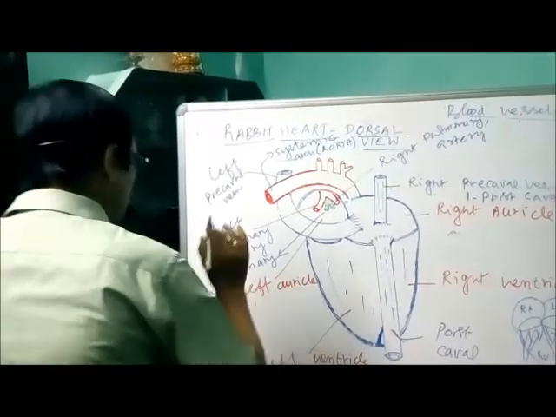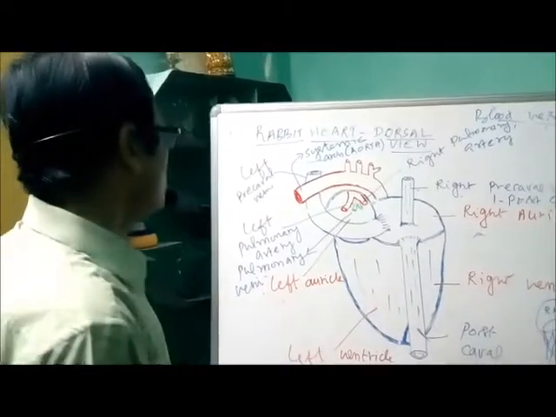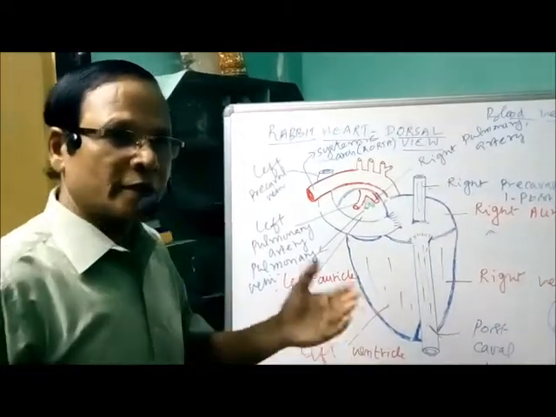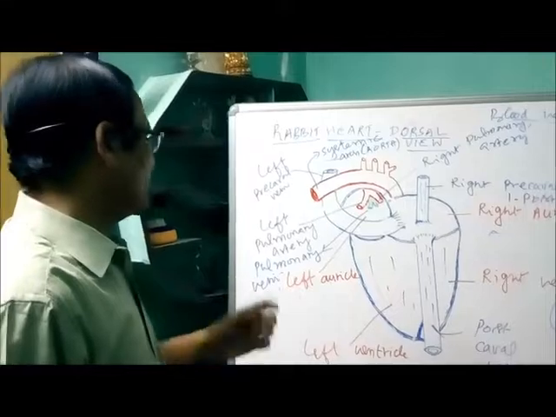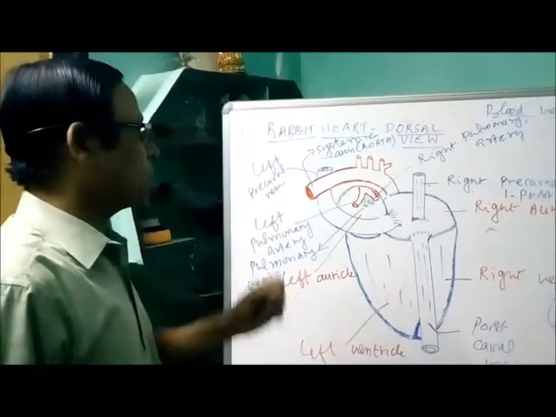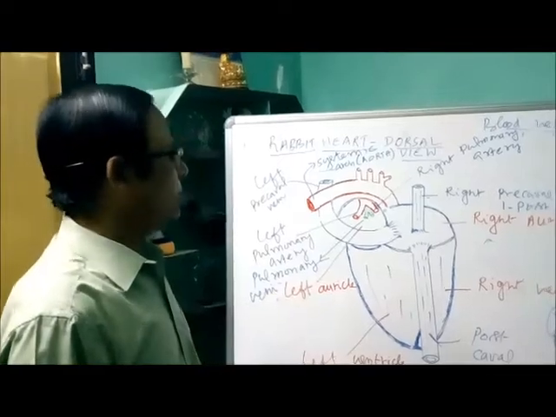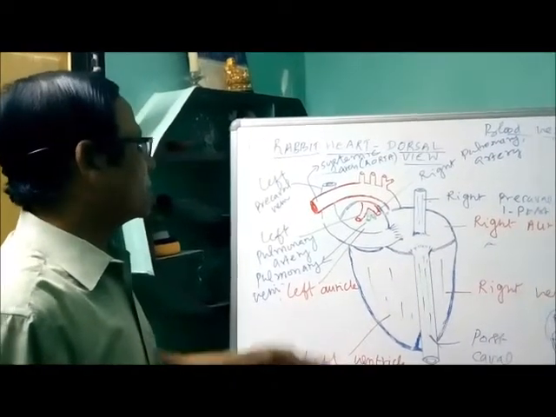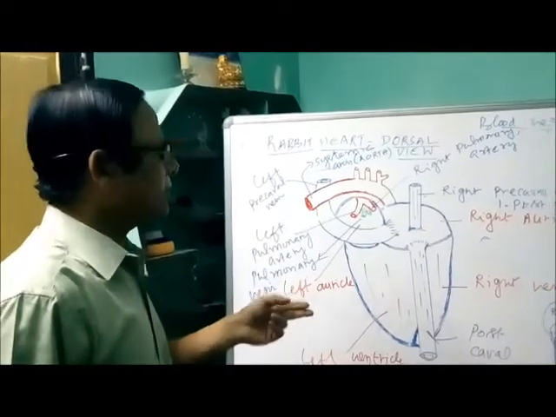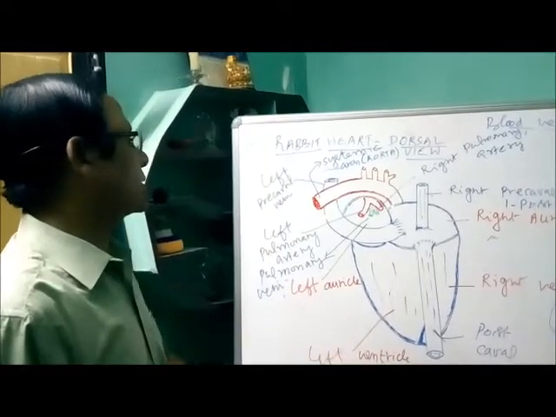As a general rule, you know that the veins are concerned with the transport of impure blood, but here is an exception in all vertebrates. The pulmonary artery carries impure or deoxygenated blood, and the pulmonary veins carry pure or oxygenated blood.